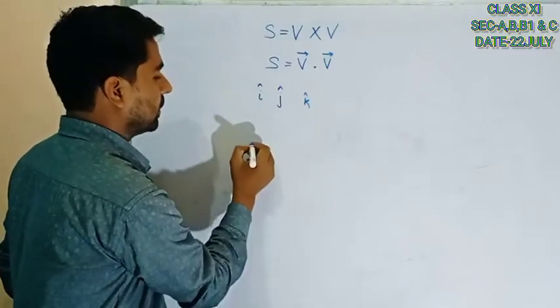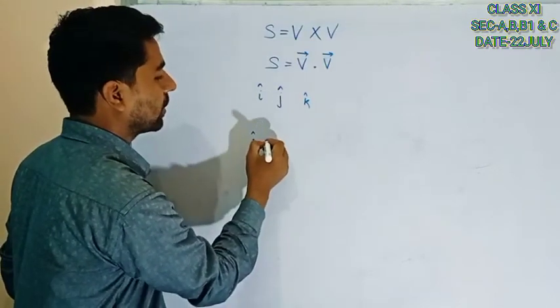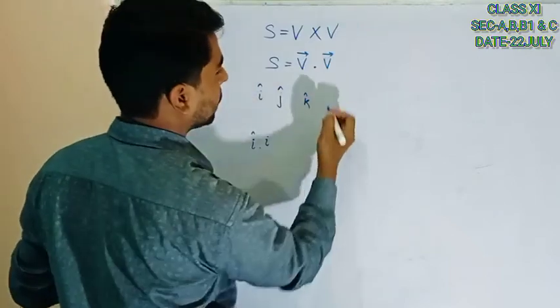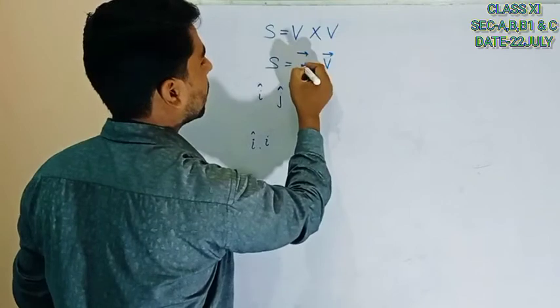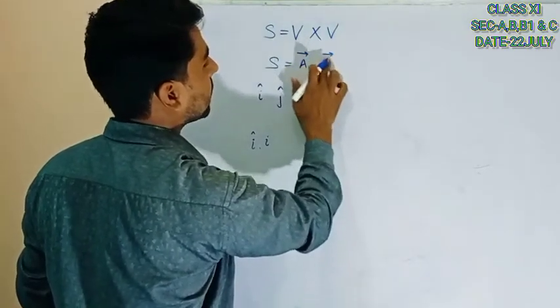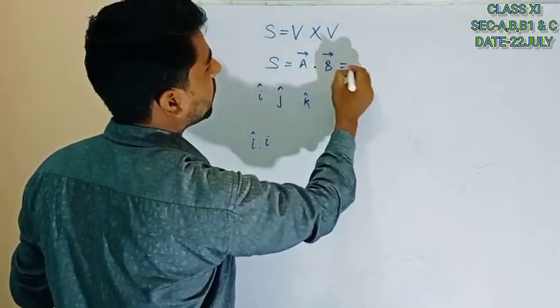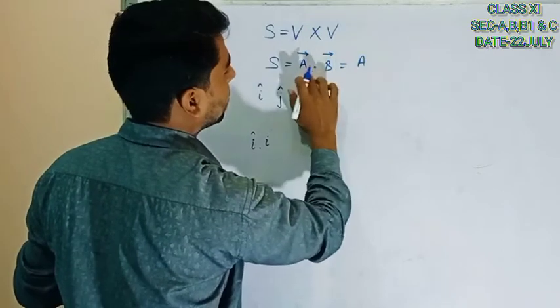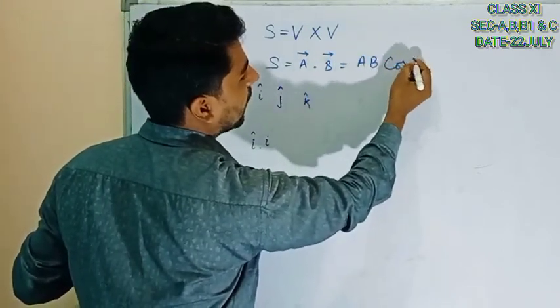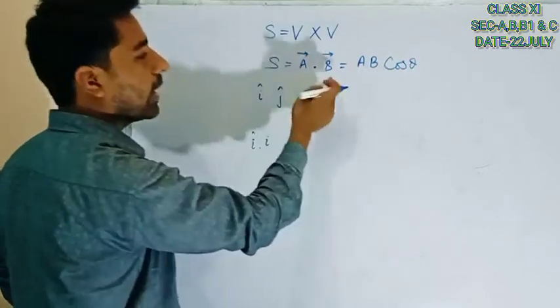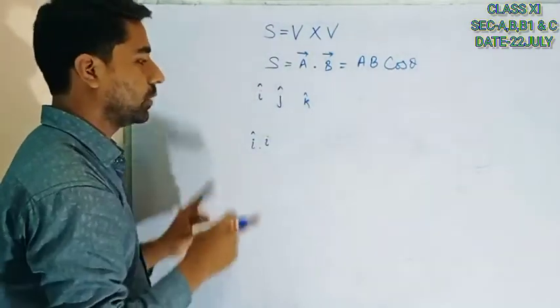If you remember i dot i, before that I want to inform you that instead of v, I am taking vector a and b. This will be vector a dot vector b equals a b cos theta, the angle from a to b, the angle between these two vectors.